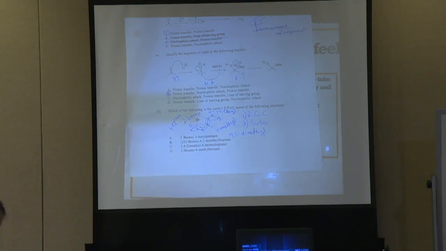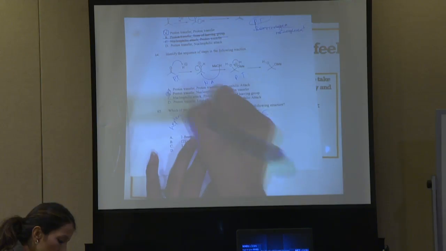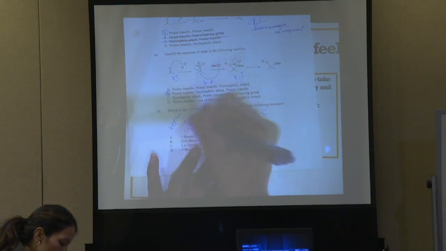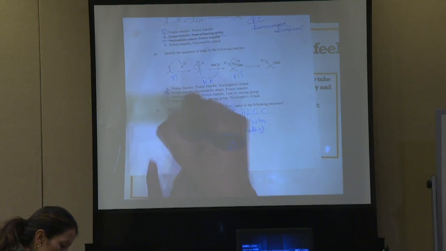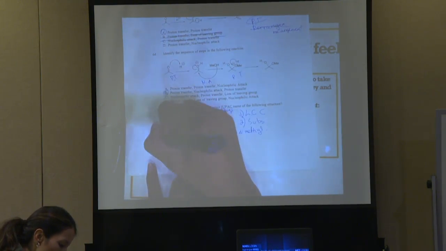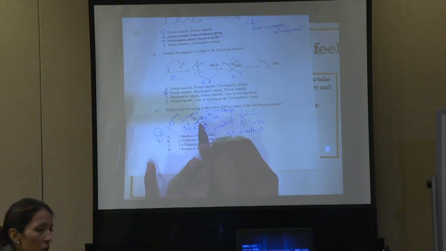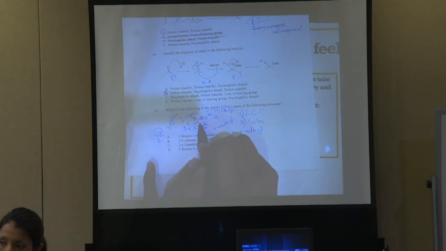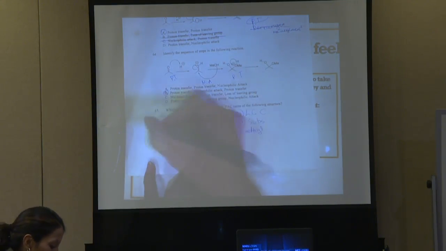So this is 1, 2, 3, and we know we have a hydrogen in the back, 4. So this gives us R, but our lowest priority is on a wedge. So what do we have to do? Flip it, right? So this is S.